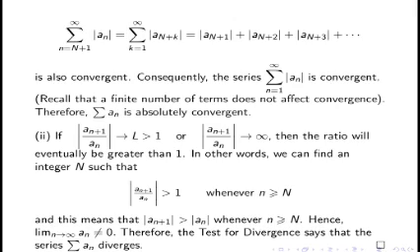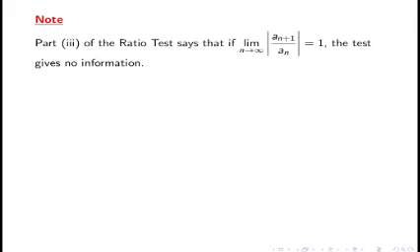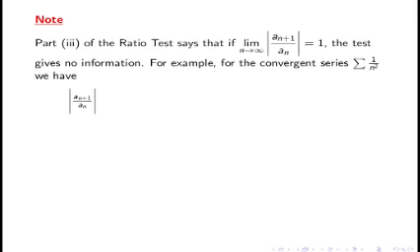We haven't looked at the third case because the third case we will discuss now as a note. Part 3 of the ratio test says if that limit turns out to be exactly 1, then the test gives us no information. So what we'll do is we'll look at two cases. We'll look at a case where the limit is 1 and the series is convergent, and the limit is 1 and the series is divergent.